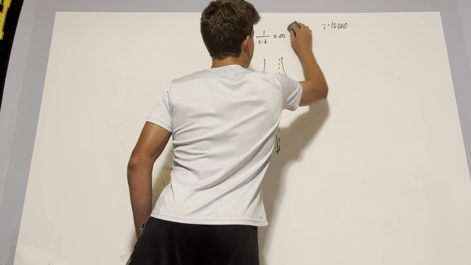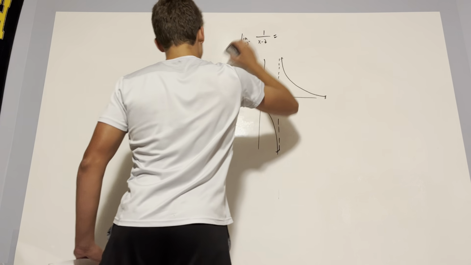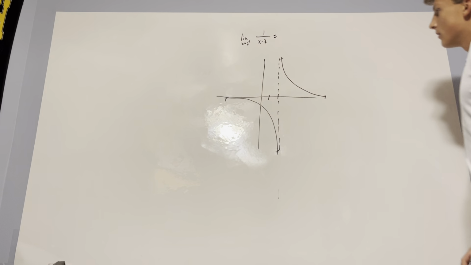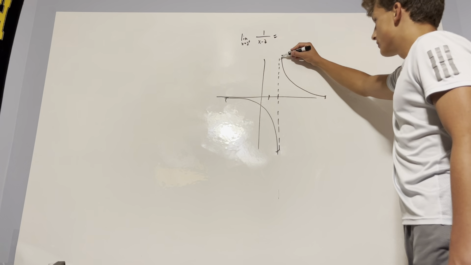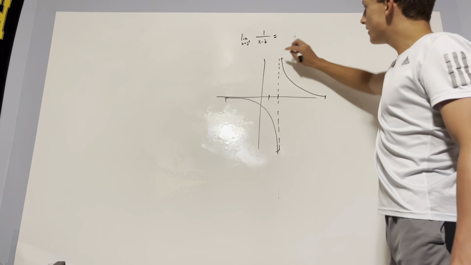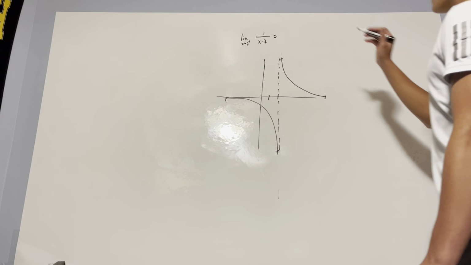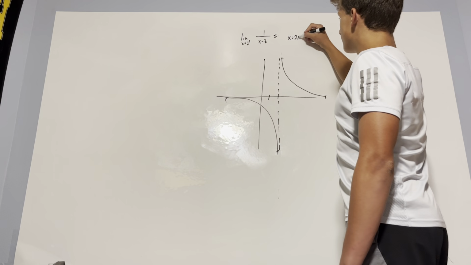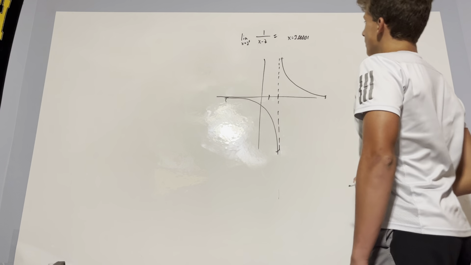Now, what if we want to look at the limit as it approaches from the right? Once again, graphically, we can just look at it here. From the right, it looks like it's going all the way up to positive infinity, so we can quickly verify that analytically. Let's choose a number x equals 2.00001.